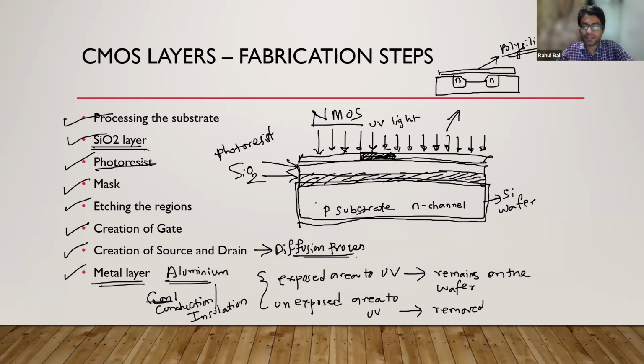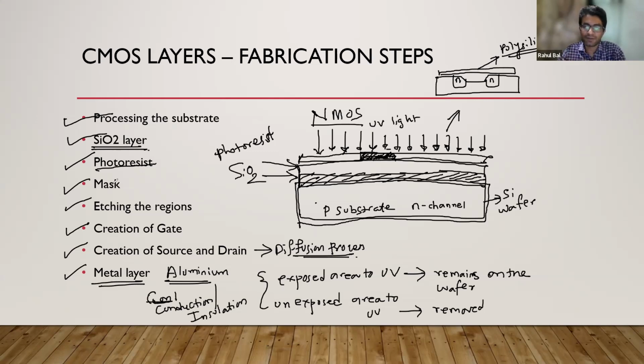Then the photoresist will act as a medium for transferring your UV light towards your substrate. The mask will help to expose the part which is required and leave unexposed the part which is not required.